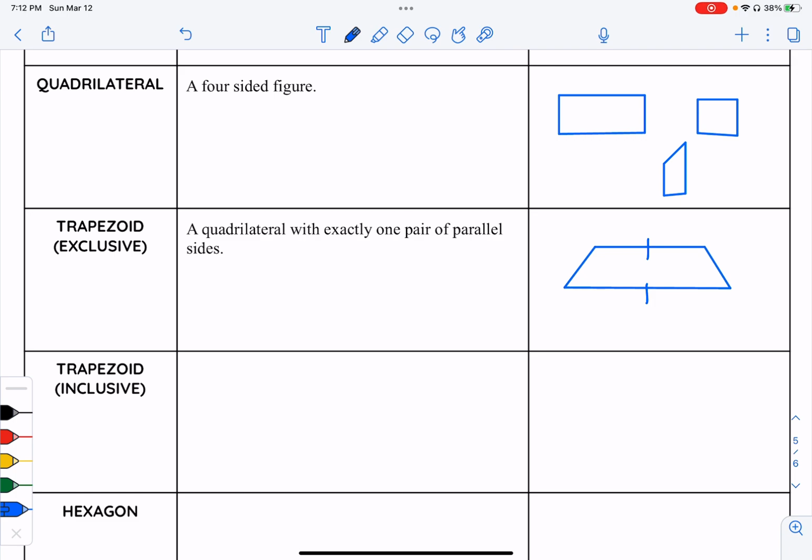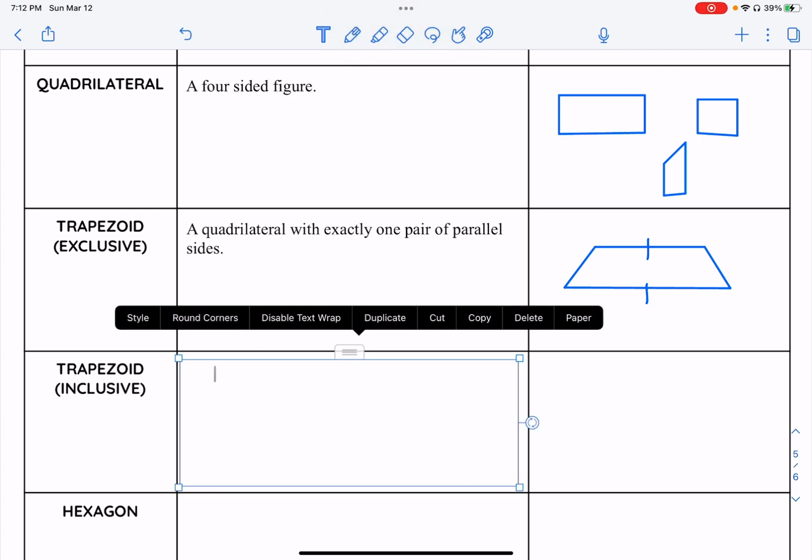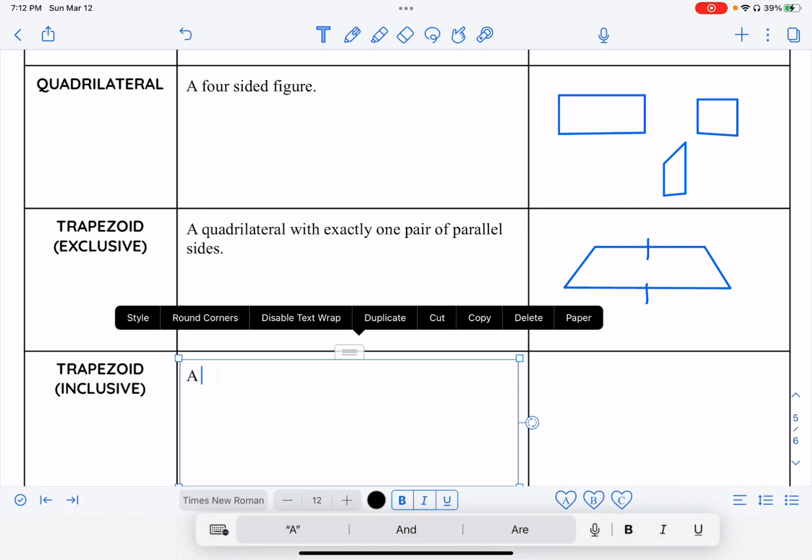Okay, an inclusive trapezoid is going to be a little bit different. An exclusive trapezoid is a quadrilateral with exactly one pair of parallel sides, where an inclusive trapezoid is a quadrilateral with at least one pair of parallel sides.